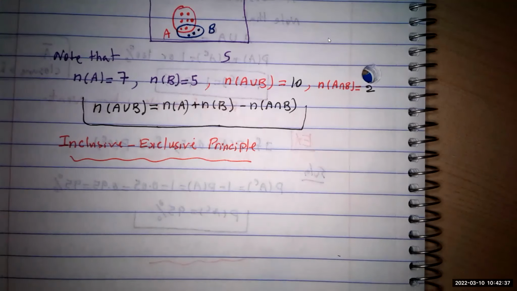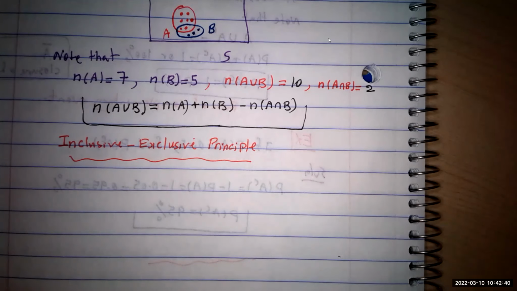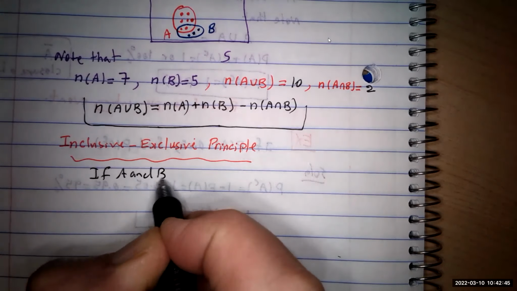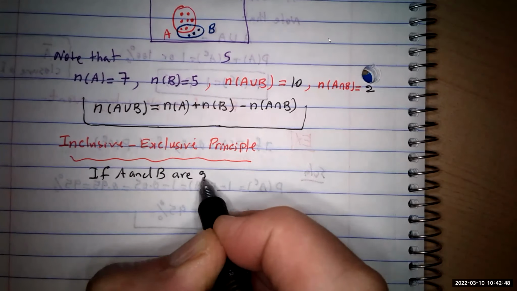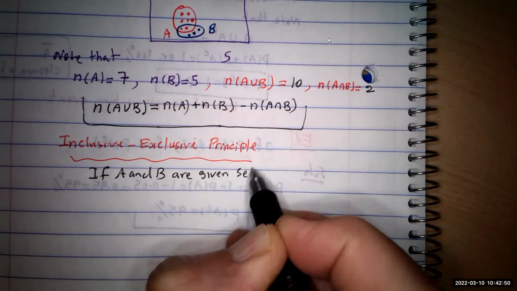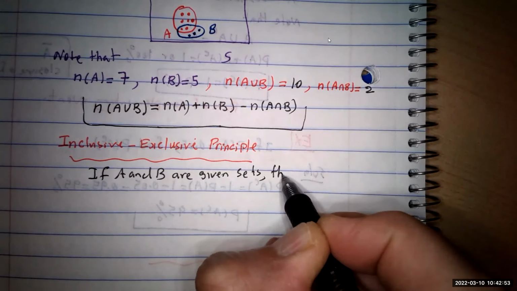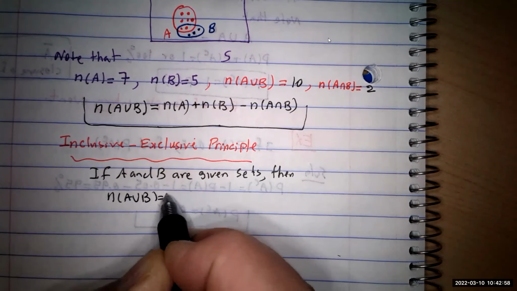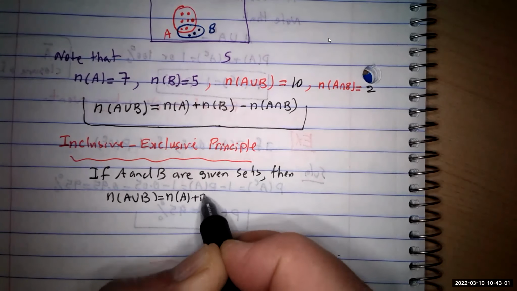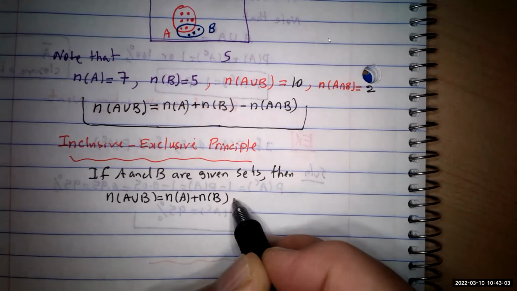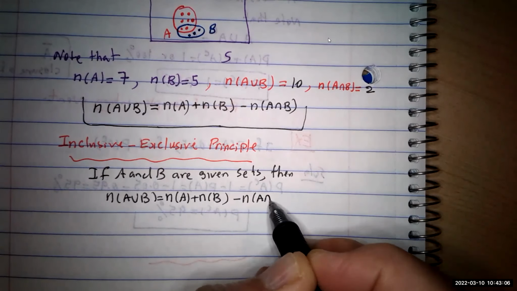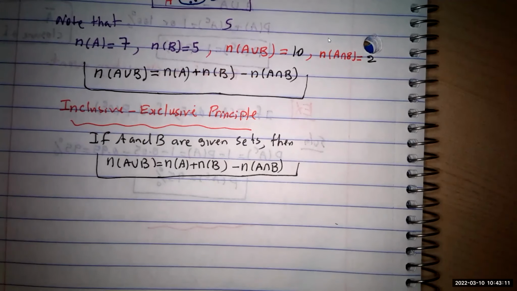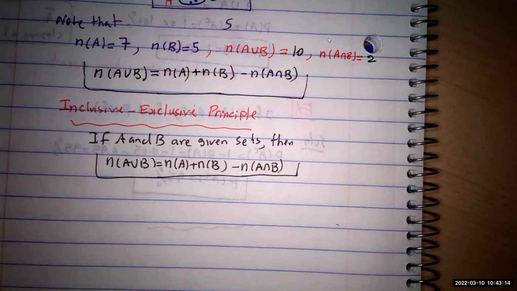So the format is, if A and B are given sets, collections or whatever they are, then the number of the elements in A union B, you include the members in A, include the members in B, but you have to subtract the members in their intersection. You see, that's what we call the inclusive exclusive principle or inclusion exclusion principle.